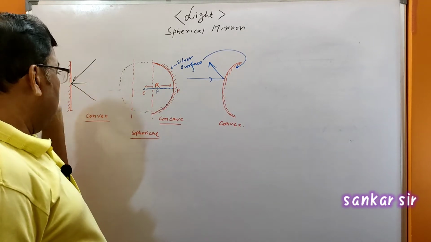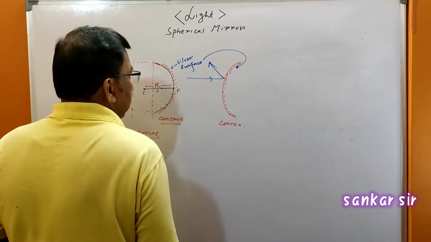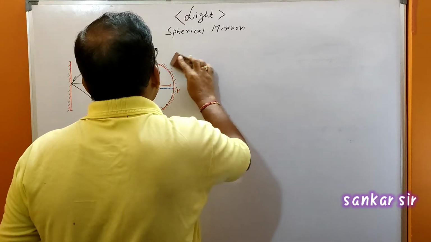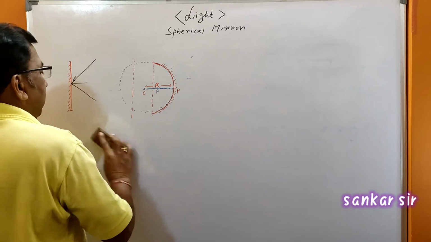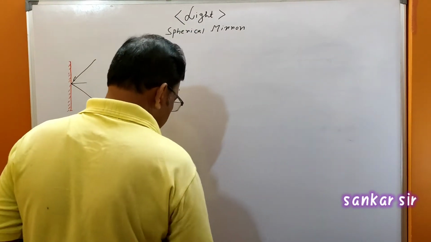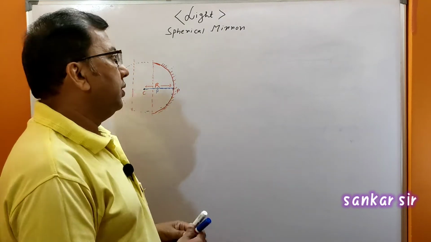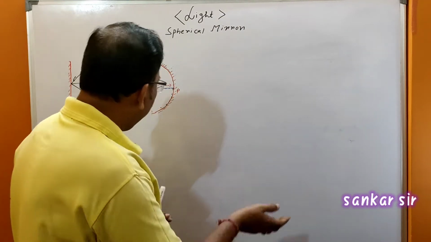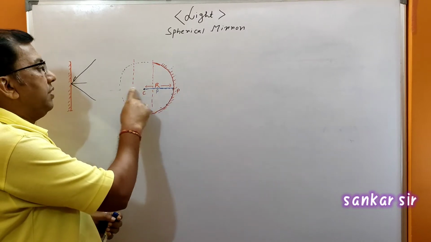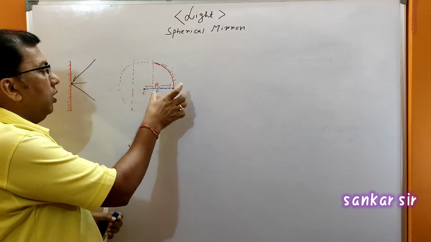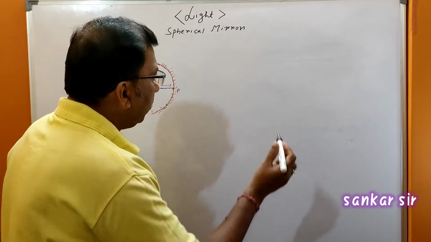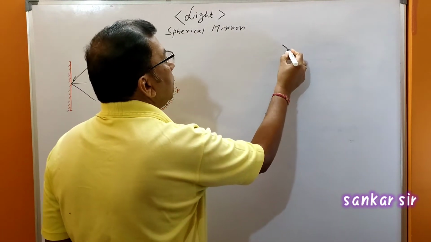And you have to remember the four things in case of reflection of light through a mirror: center of curvature, focus, principal axis, pole, radius of curvature, all you know. So four things.